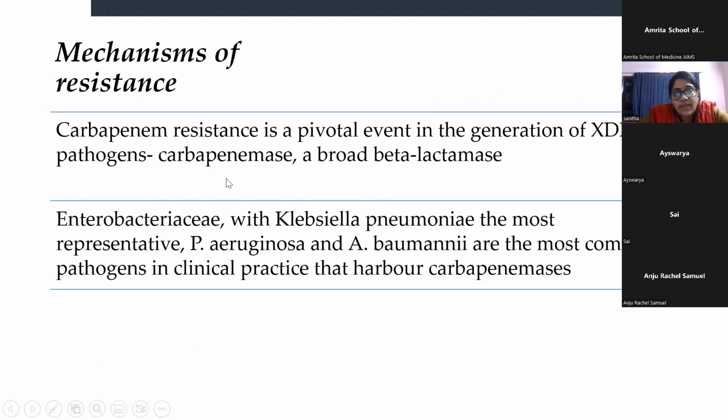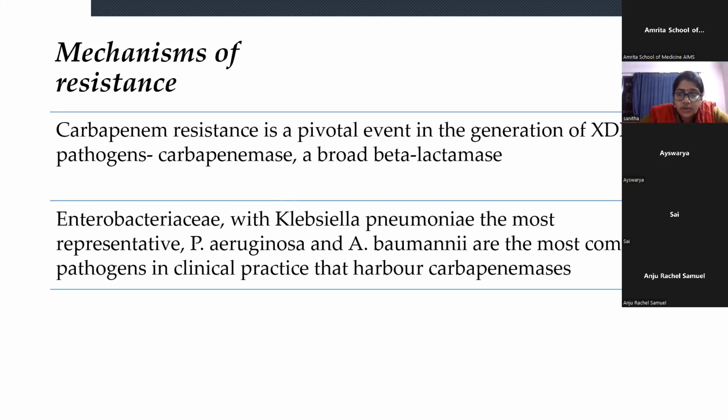So carbapenem resistance is a pivotal event in the generation of extremely drug-resistant pathogens. Enterobacteriaceae like Klebsiella, Pseudomonas aeruginosa, and Acinetobacter baumannii have carbapenemase variants, which is a thing of concern.